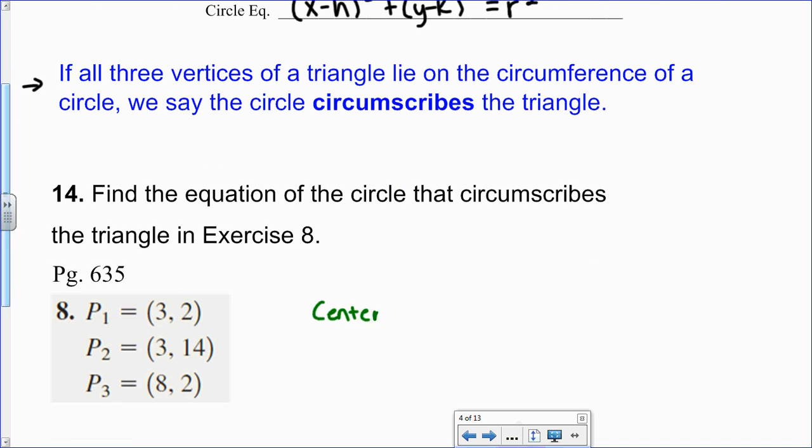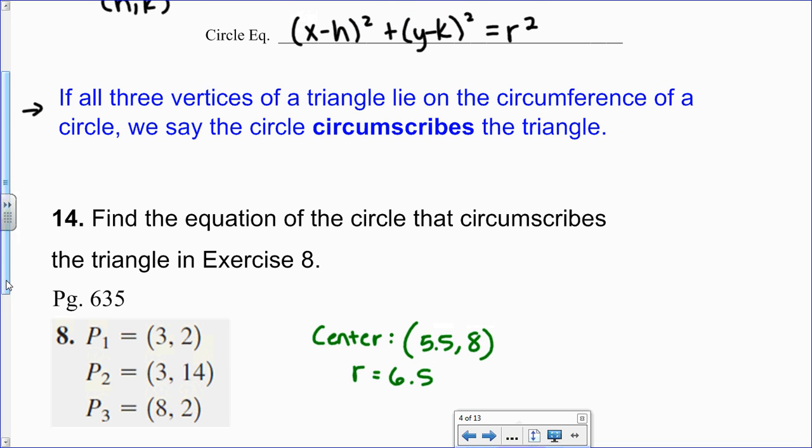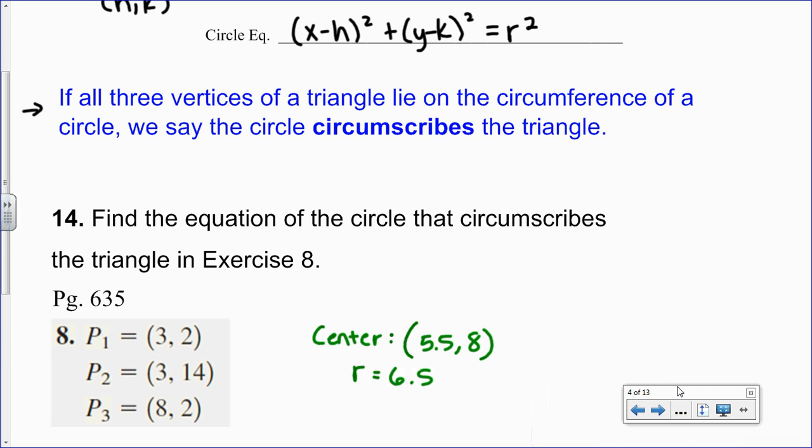My center was 5.5, 8, and my radius was 6.5. So if I use the circle equation, now that I have my center and radius, this is my H and K, and I have my r.